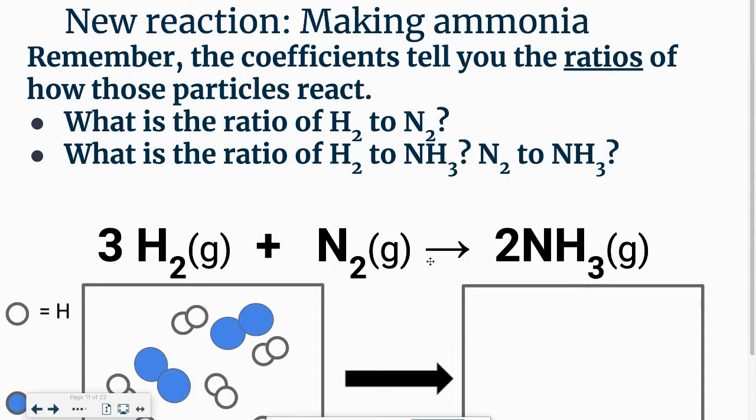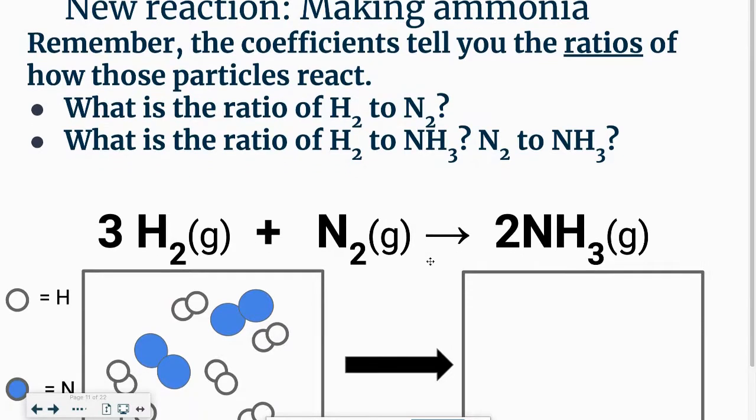All right, new reaction. Now we're going to make ammonia. So remember again, the coefficients are going to tell you the ratio of how the substances react. Okay, so first let's look at the ratios. What's the ratio of H2 to N2? Well, our coefficients give us all that information. So the ratio of H2 to N2 is going to be 3 to 1.